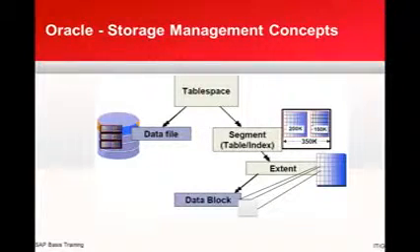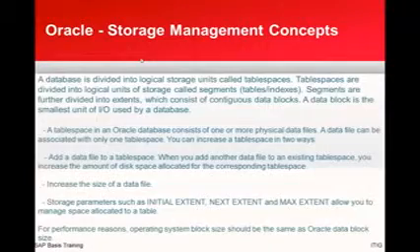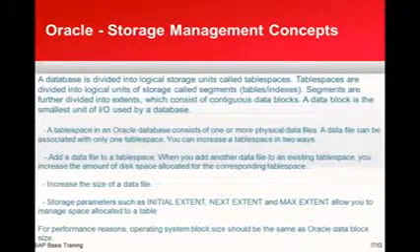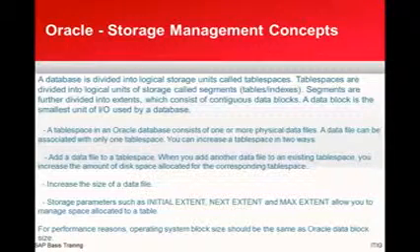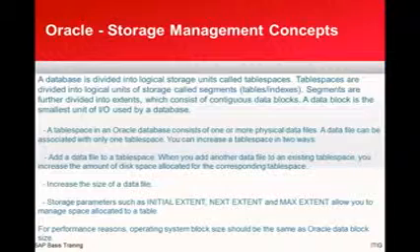Here you can see the key components: you have the data files, the table spaces, and the segments. A database is divided into logical storage units called table spaces, and table spaces are divided into logical units of storage called segments, that is tables and indexes.